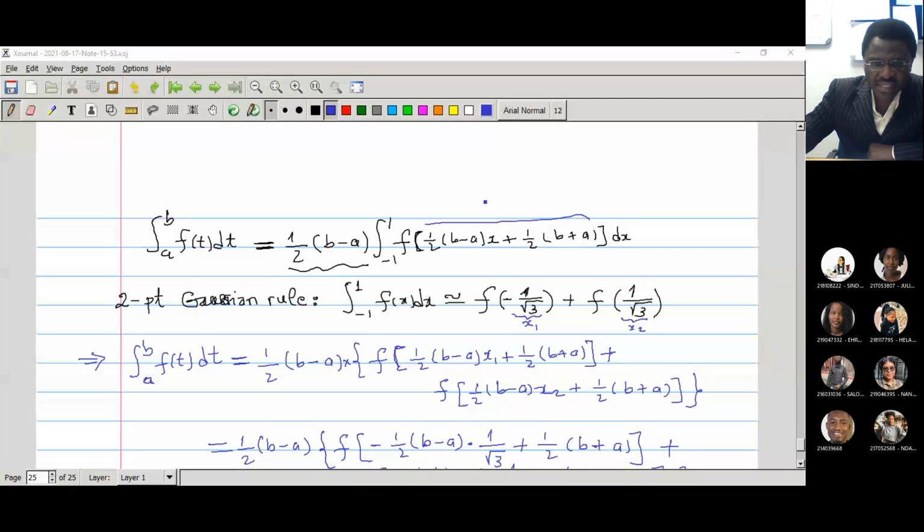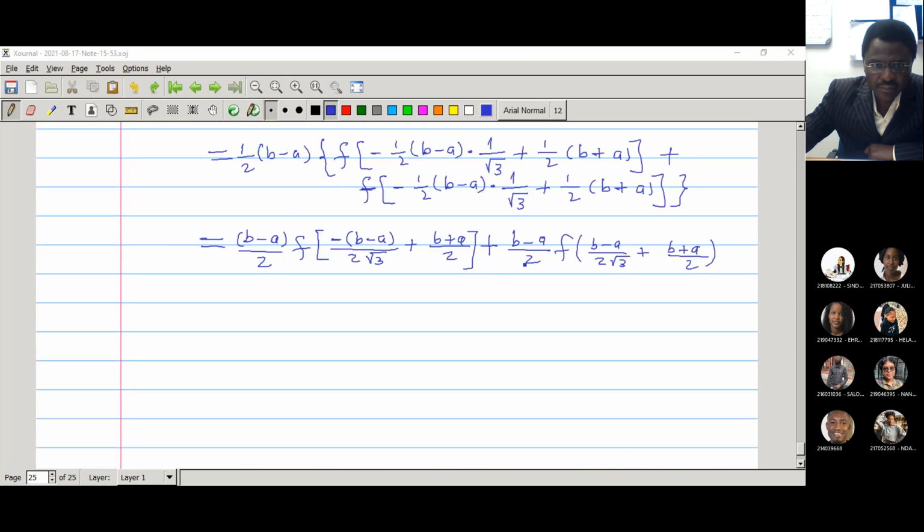I'm saying if x is 0, if you replace this by 0, you'll be left with (b plus a) by 2, right?